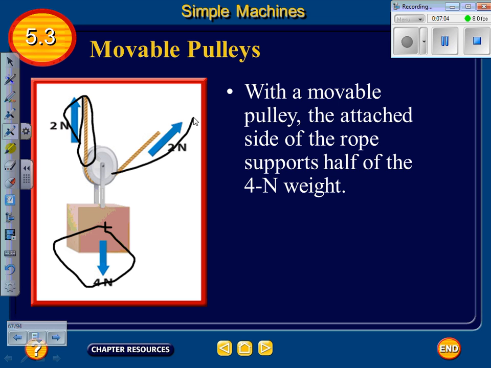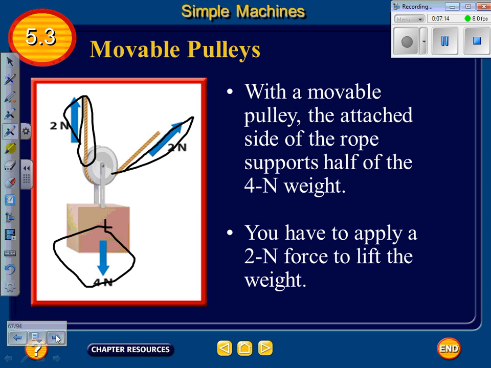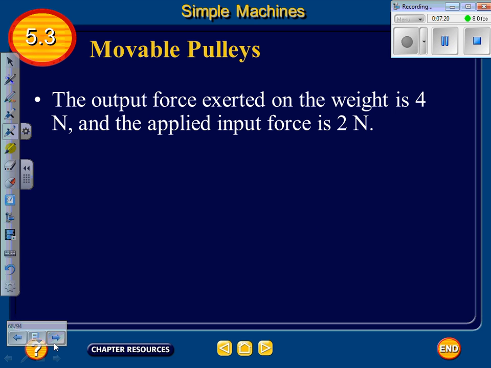And by you pulling on the rope with 2 newtons of force, you will lift that 4 newtons of weight. You have to apply a 2 newton force to lift the weight. The output force exerted on the weight is 4 newtons, and the applied input force is 2 newtons. So, like we said with a ramp, it makes the work easier.